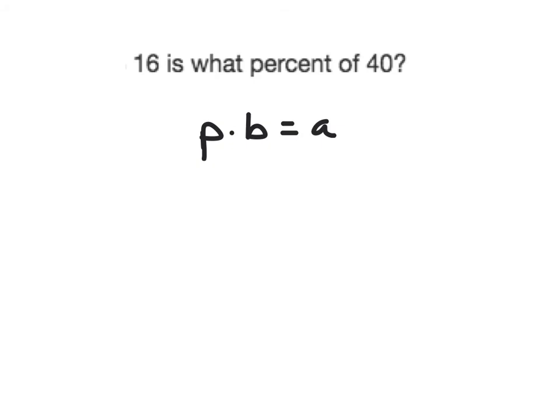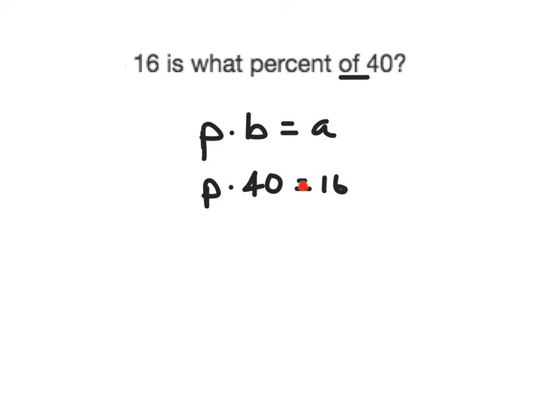We're going to leave that as P, and remember that of translates to multiplication here. So percent of 40, that's what B is. B is going to be 40. So P times 40 is equal to 16, and I got that because it says 16 is 16.